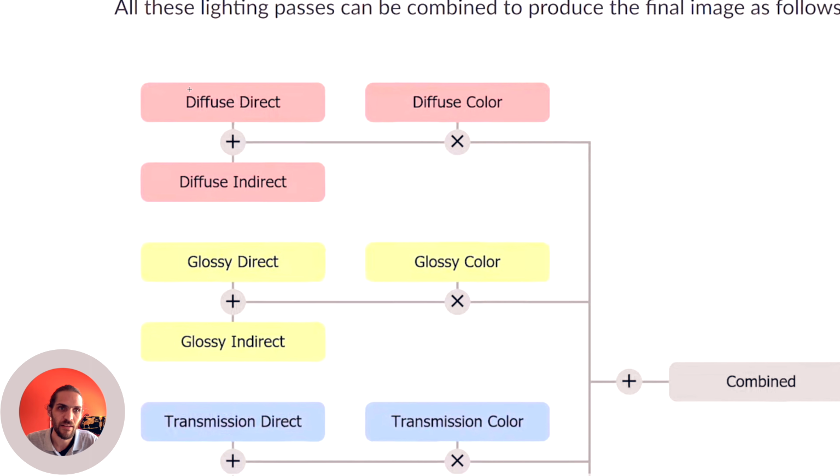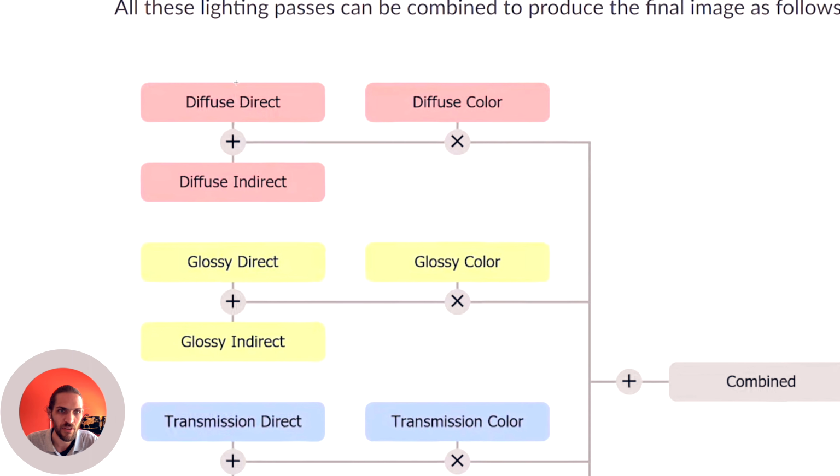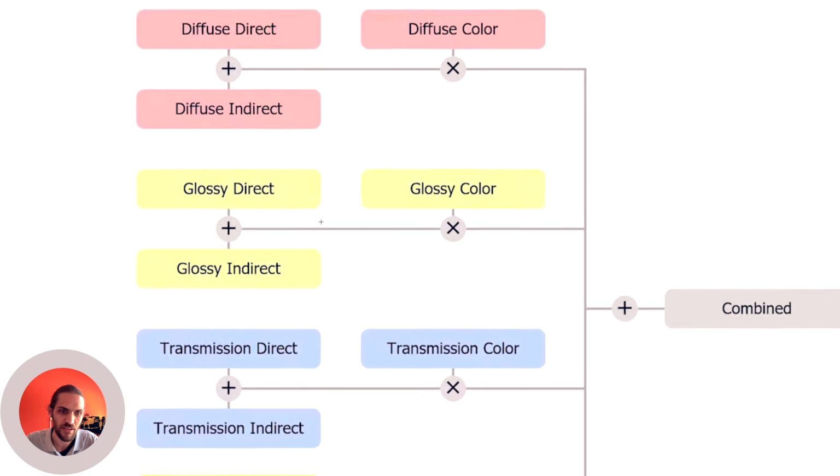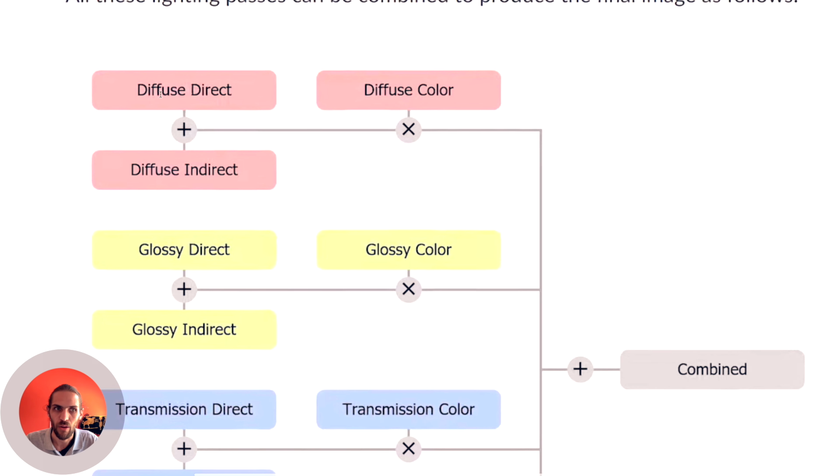So remember, we've got diffuse direct and diffuse indirect. It basically adds them together, and then it takes that and multiplies it by the diffuse color. All right, does the same with the glossy and all the other passes as well. But the math, the way that it works with this, if you do the diffuse, it doesn't matter how you add them up together.